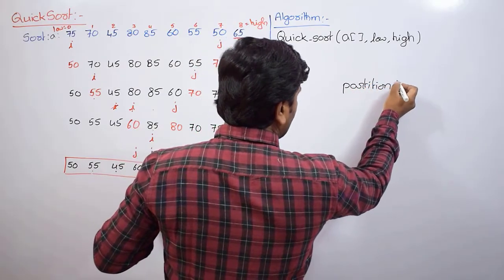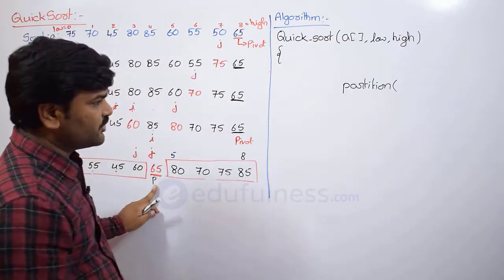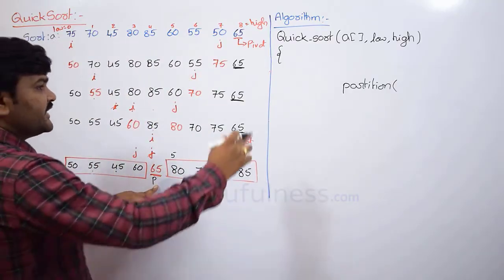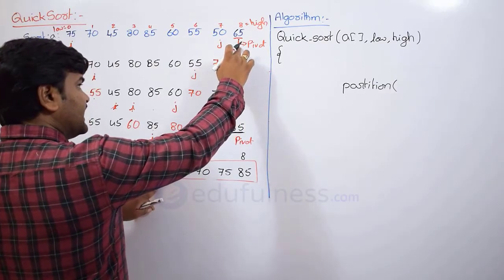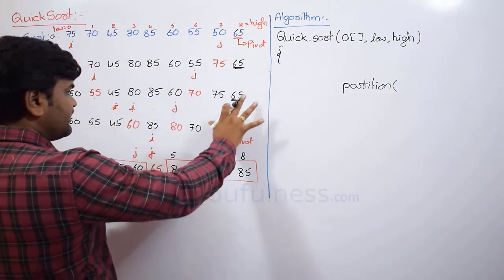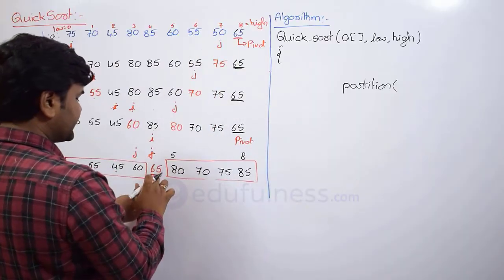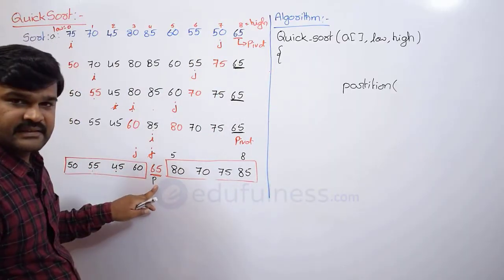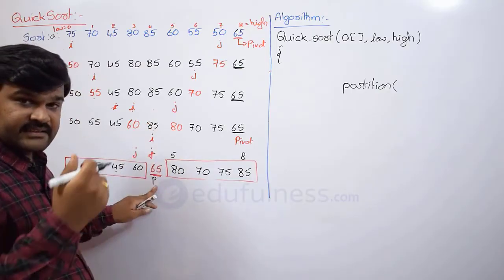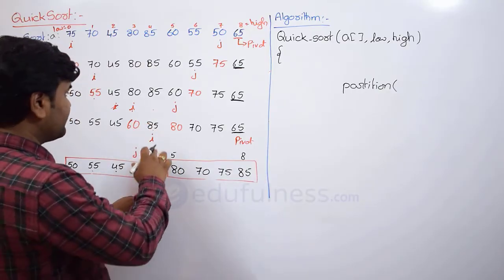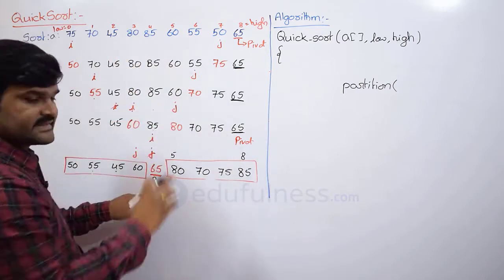Okay. What this partition function is doing is selecting the pivot, doing this entire work, and placing that pivot in its proper position. And after placing, what the partition returns is where the pivot is placed, the fourth index.